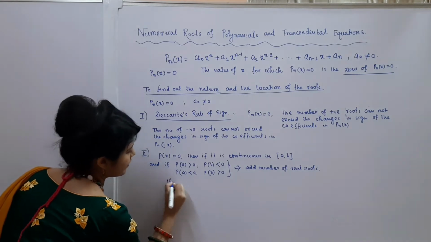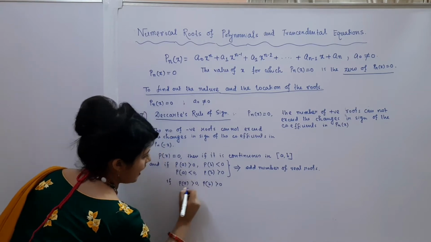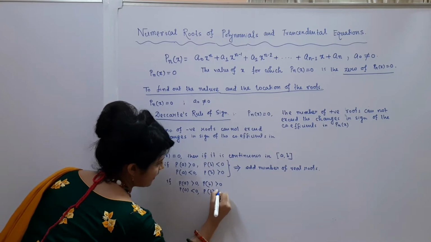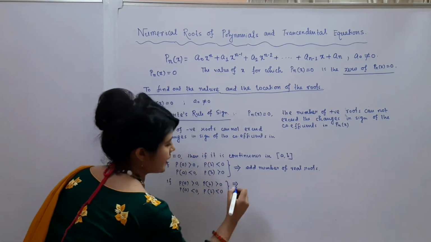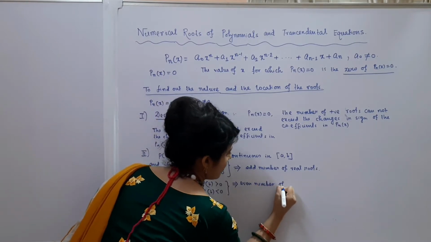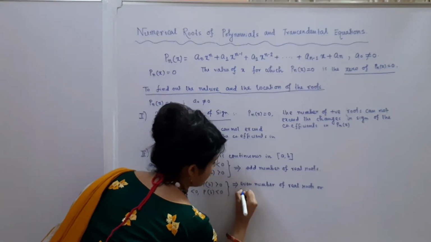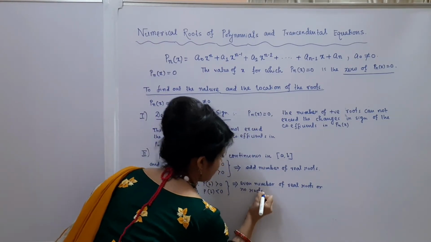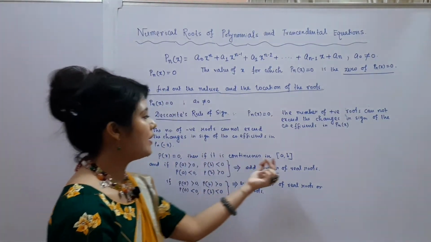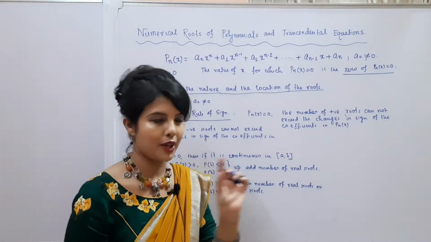And if P(a) and P(b) are of the same sign, that is either they are both positive or they are both negative, then there exists an even number of real roots or no roots, okay, where the interval is a to b, and a and b are just the corner points of the interval.